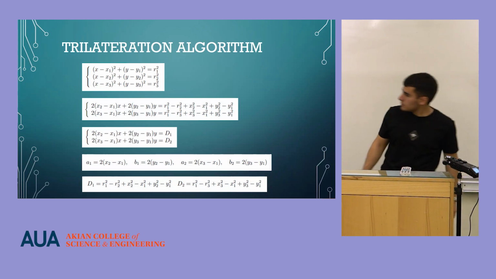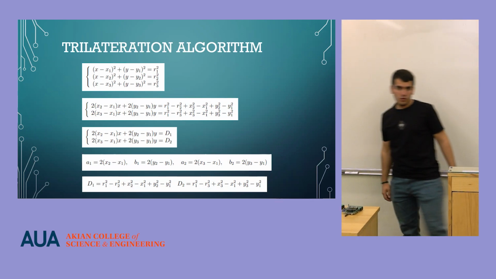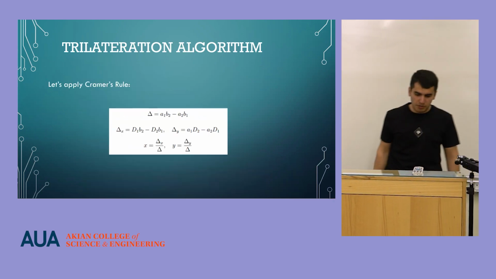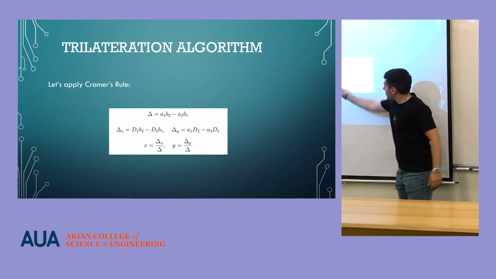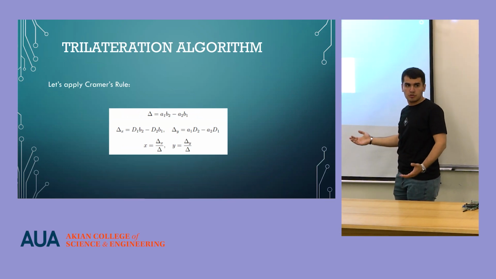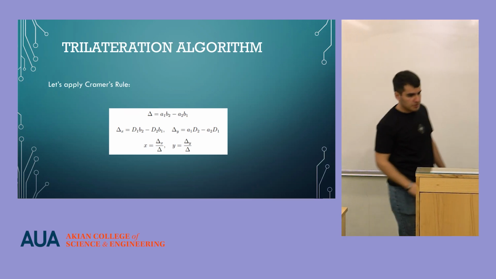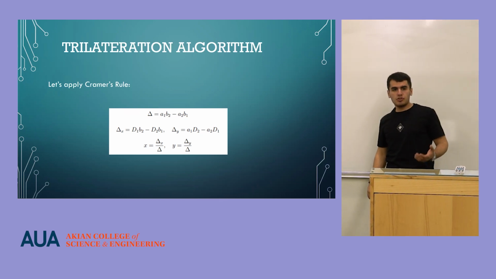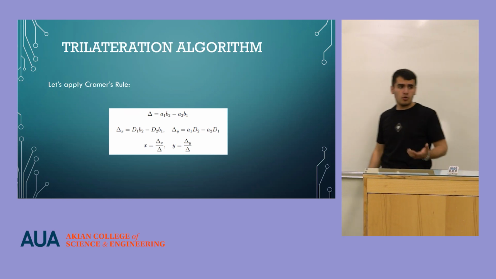Here we can see that this is actually a system of linear equations, so we can solve it by applying Cramer's rule. Applying Cramer's rule, we obtain the x and y coordinates of the intersection point required for the trilateration logic. But as I said, this trilateration algorithm is perfect only in theory.